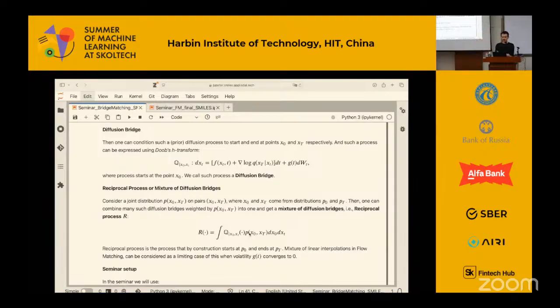As Alexander said, this distribution P on x0 and xT is actually pretty important because it defines our mixture diffusion bridges.